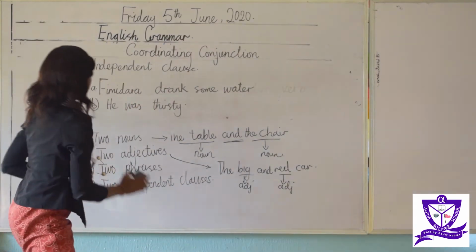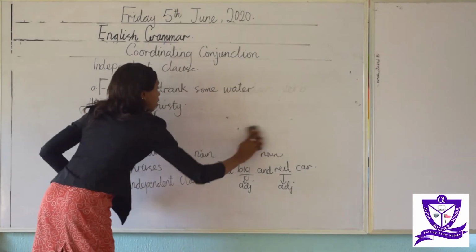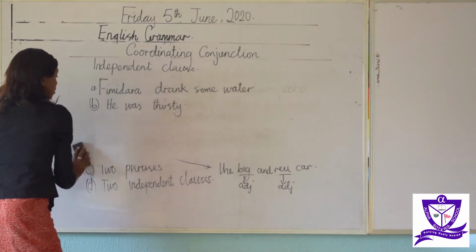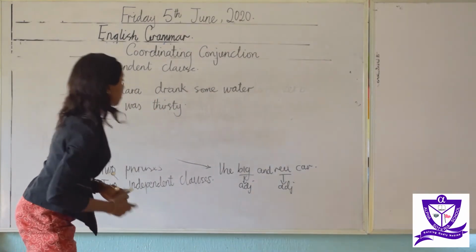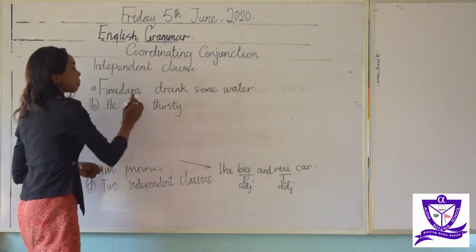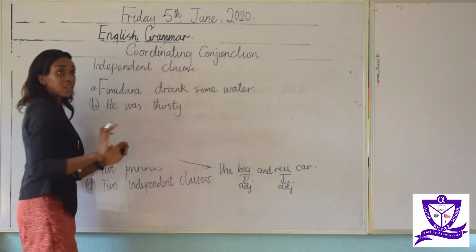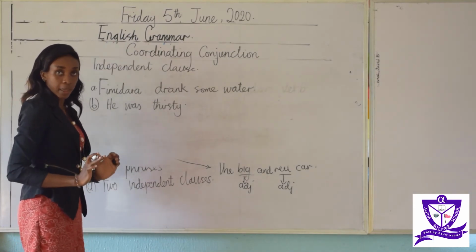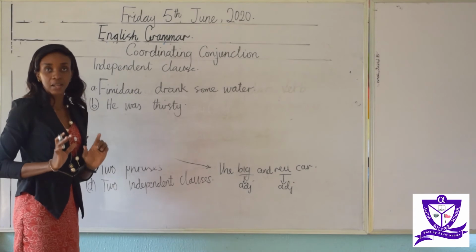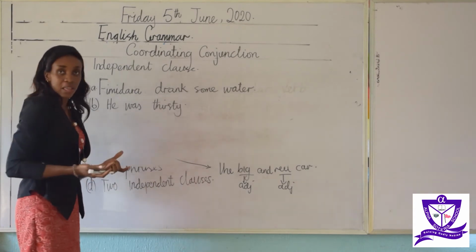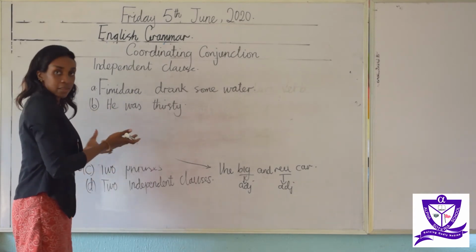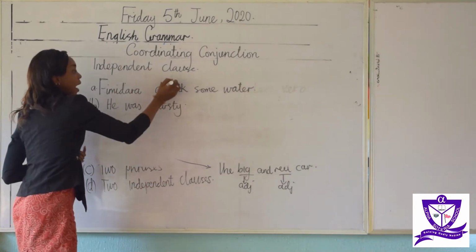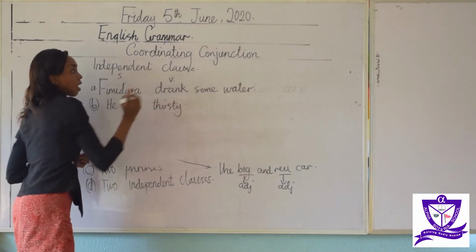What I'm going to establish here is how this is an independent clause. If you look at it, Fimidara drank some water, you can end it with a full stop and it's okay. That's why it's an independent clause. It doesn't need any other sentence. It makes sense. You have the subject there and you have the verb there.